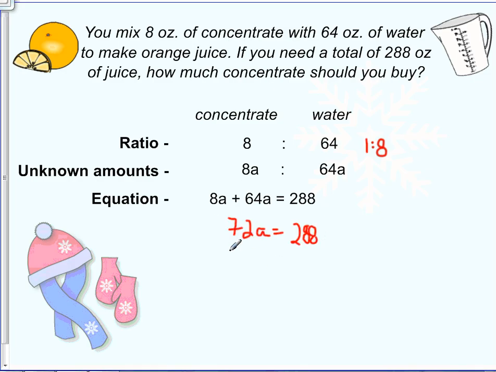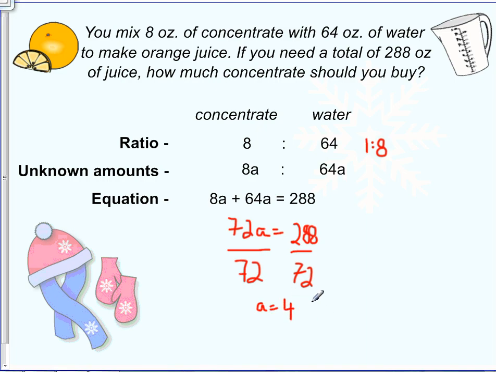I'd like to get a alone. So I'm going to divide by 72, divide by 72. All right, now that we've divided those, we are going to get a equals 288 divided by 72, which is 4.